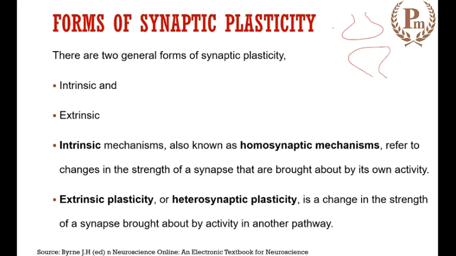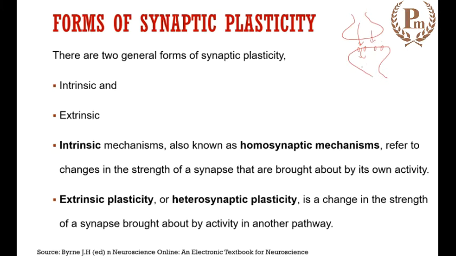Whenever I have the signals coming from the presynaptic, which are in the form of neurotransmitters, these neurotransmitters are going to bind to the receptors present in the postsynaptic. And because of these neurotransmitters binding to their receptors, there will be some change in the polarity of the postsynaptic element.